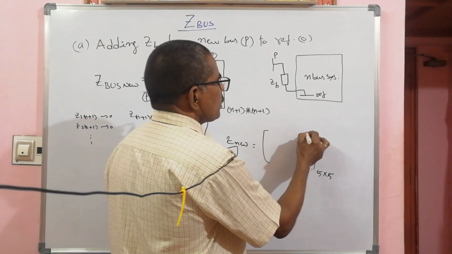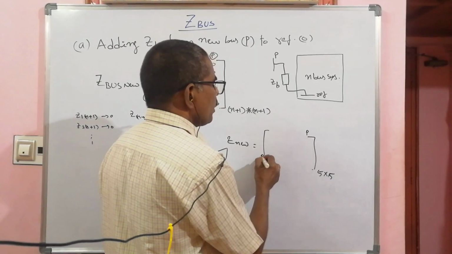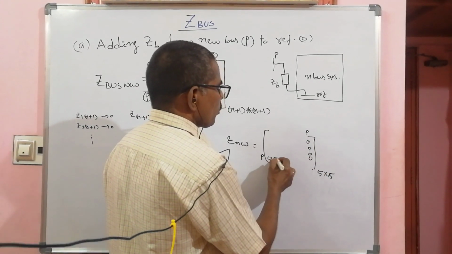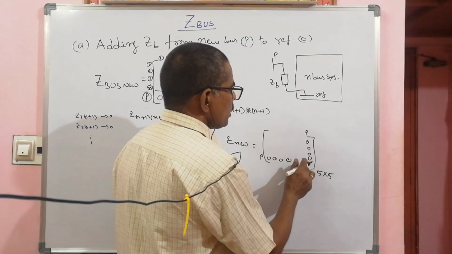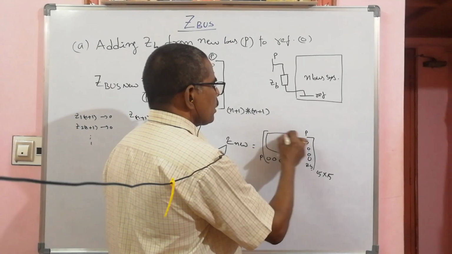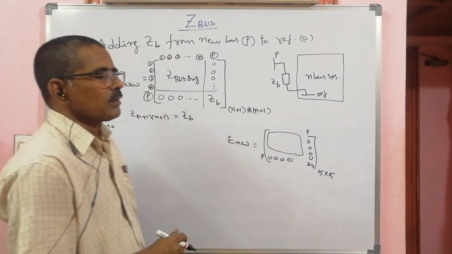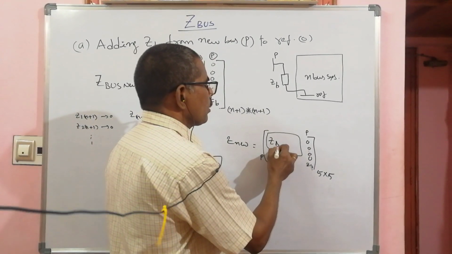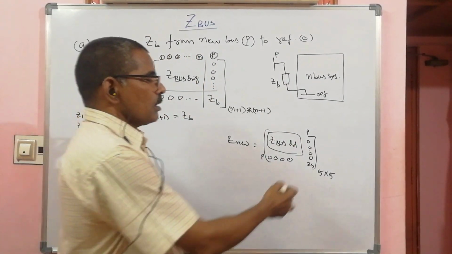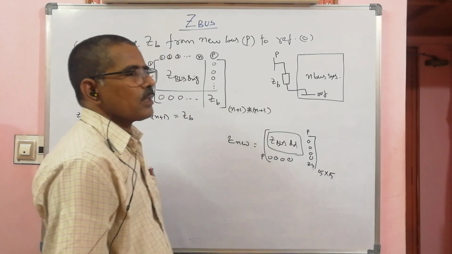And this is for P. These are all zeros. So all 4 will be zeros and this is ZB. That's all. Remaining you retain as it is. This is Z bus old. Okay. New row and new column are to be added.